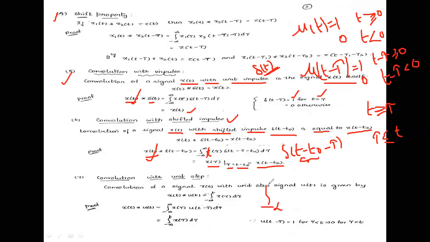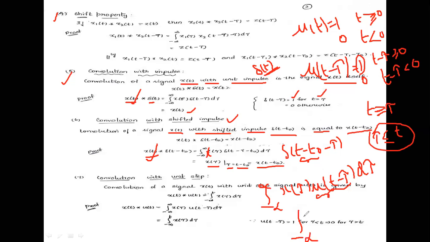Integral from minus infinity to infinity of x of tau mu of t minus tau d tau. By substituting, the range is tau less than or equal to t, the total negative real axis up to the t value, minus infinity to t, of x of tau, and mu has value 1 in this range.